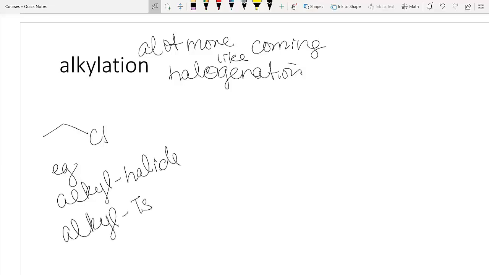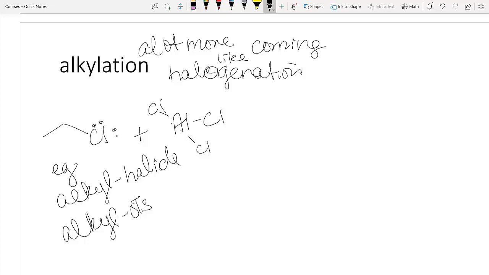It's usually halides or tosylates. Please don't try to use other things. And again, your Lewis acid catalyst. We can use aluminum chloride, iron chloride, or boron chloride. Any one of them will work for the purposes of this class. There are some differences between them, but for now, this is fine. It's going to do essentially the same exact thing.